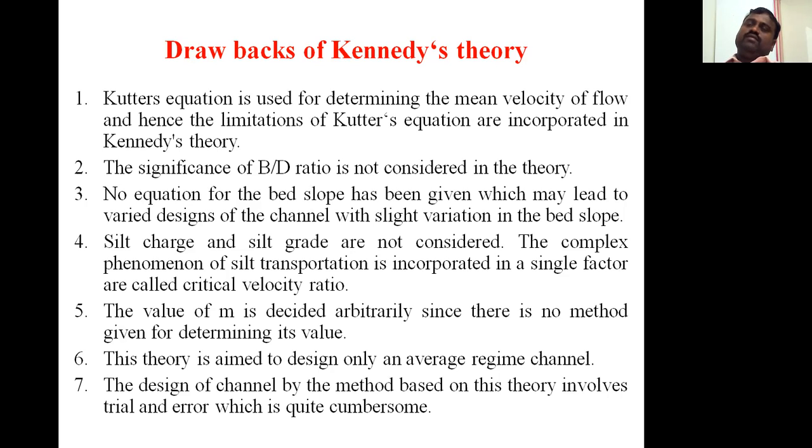Also, he has not given any equation for calculating the bed slope. Therefore, when a trial and error method is followed, a slight variation can be observed in the design part.